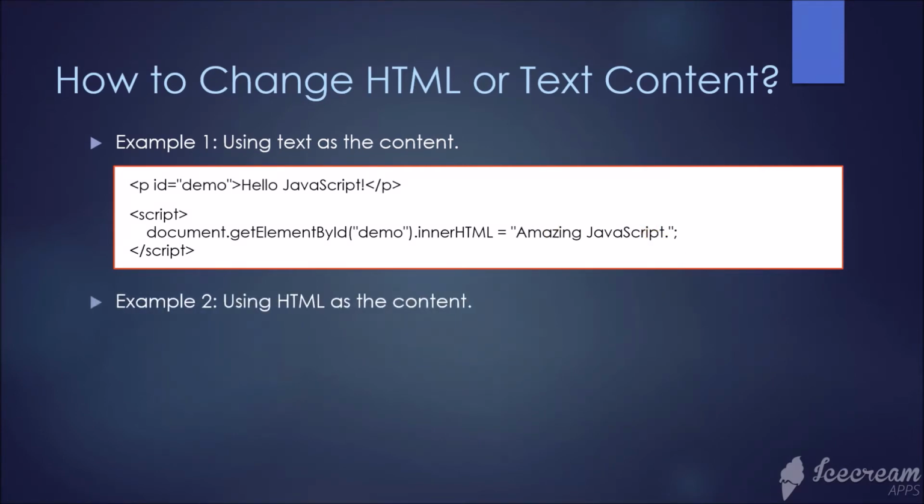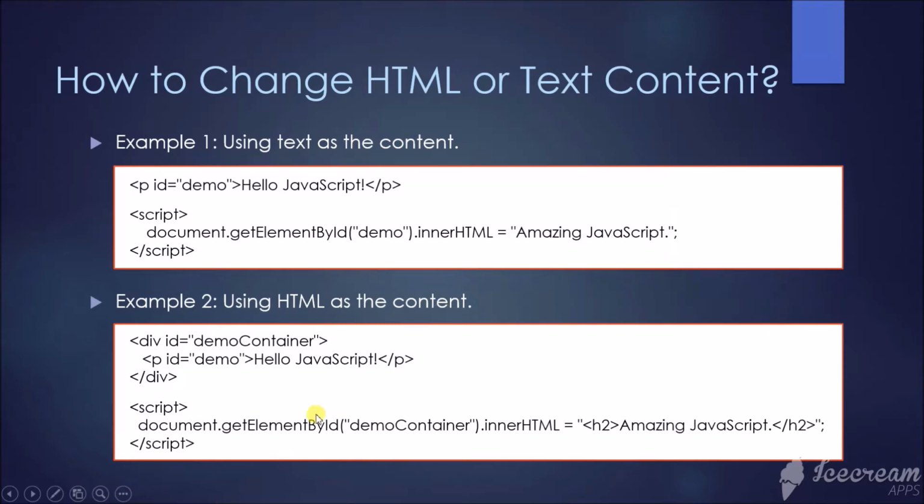So on our example number 2 naman, using HTML as the content. So ito yun. In this JavaScript code natin, we also place yung HTML tags. Okay? So yung ginawa ko dito, I also created a container.